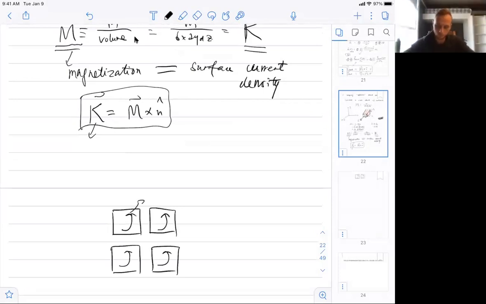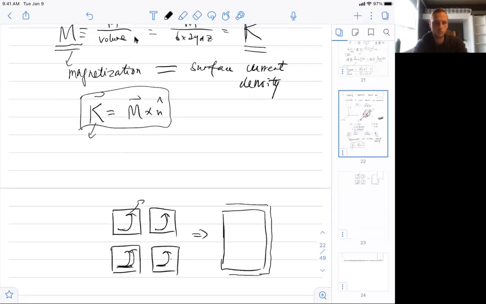Right, this is a little chunk within the magnetized material. You have a dipole moment here, you have a dipole moment here, you have a dipole. You can see that overall, it's equivalent to having this entire material with a surface current running through the surface. So on the bottom, go up, then to the left, and then go down.